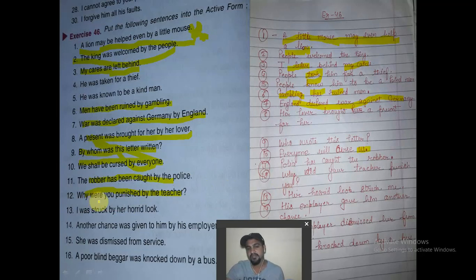In the past indefinite, when we write the interrogative statement with the helping verb, we use did. So that is why here did would come. Why did your teacher punish you? Now the teacher, which was the object in the passive form, will become the subject in the active form here.